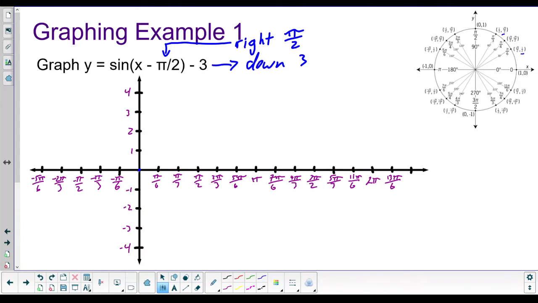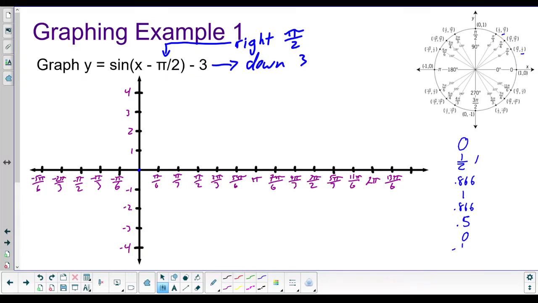It goes 0, a half, 0.866, 1, 0.866, a half, 0, and then repeats in the negative direction.